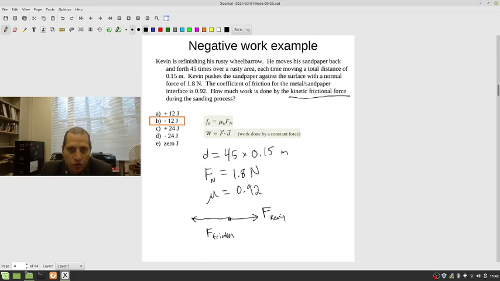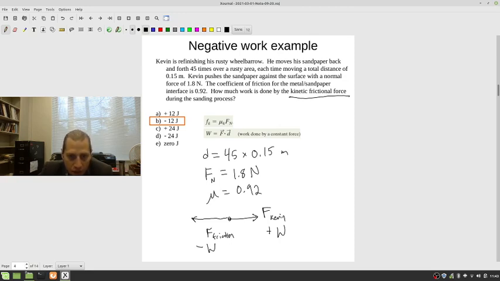Essentially, if you look at the total work that's done here, at the beginning, the sandpaper is at rest. At the end, the sandpaper is at rest.